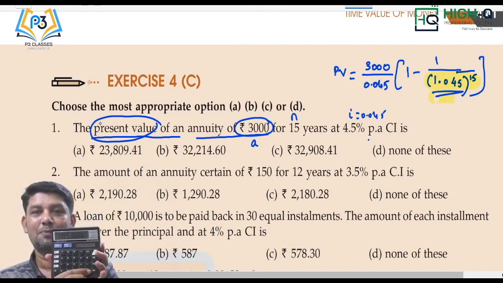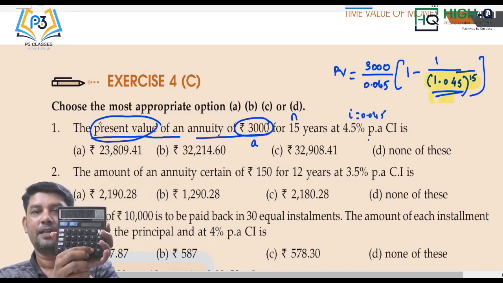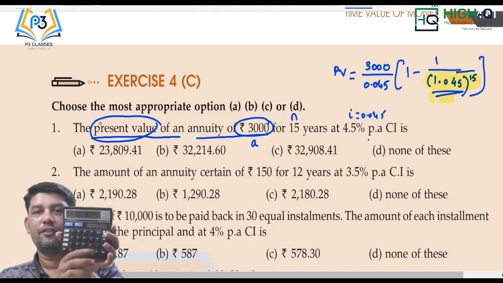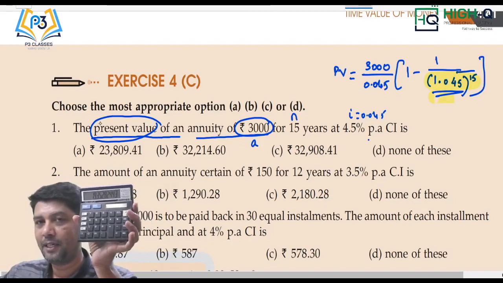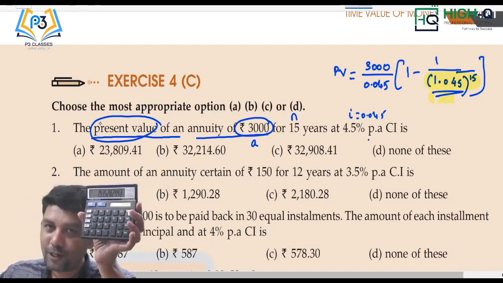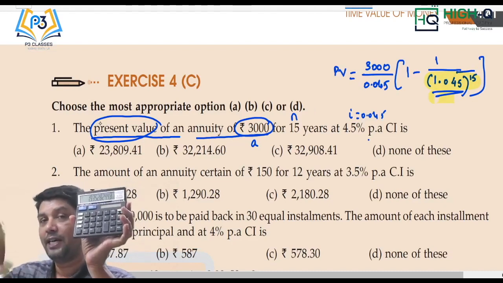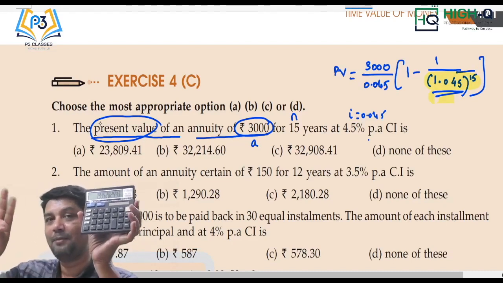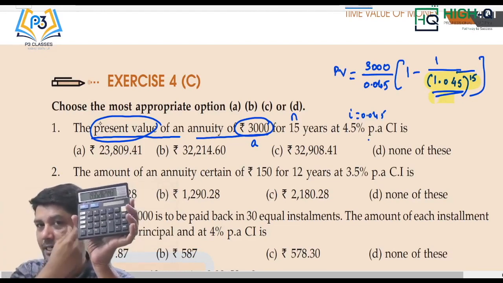Another time equal, power 4, power 5, power 6, up to 15. I am not pressing equal 15 times, I am pressing equal only 14 times. The first time I press multiply and equal, it is considered as 2. So I just keep on multiplying.